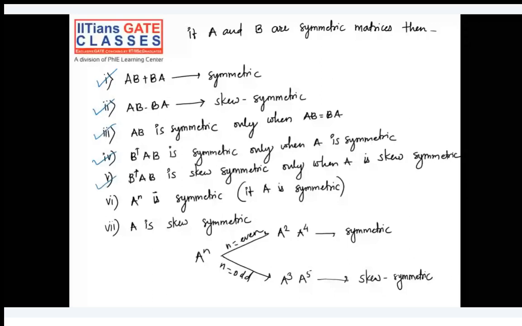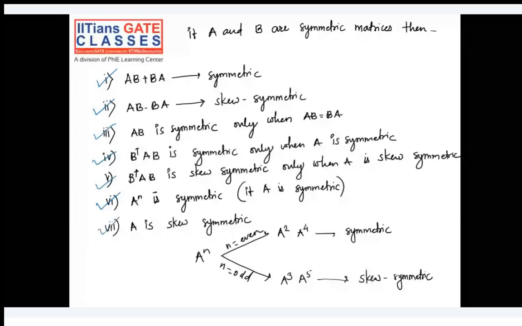If A is symmetric, A to the power n is symmetric. Any power of A is symmetric if A is symmetric. So A square, A cube, A to the power 4, all are symmetric because A is symmetric. But if A is skew symmetric, in that case, the higher powers of A can either be symmetric or skew symmetric, depending on the power.